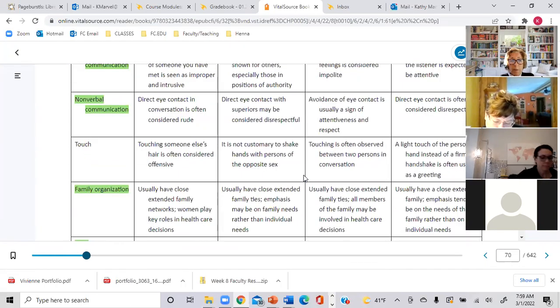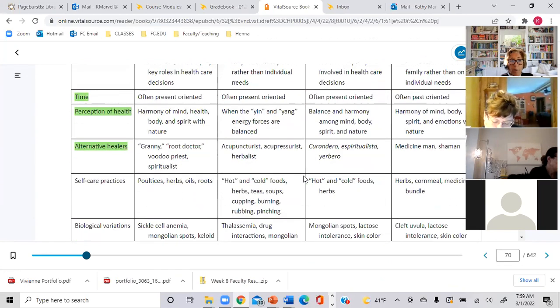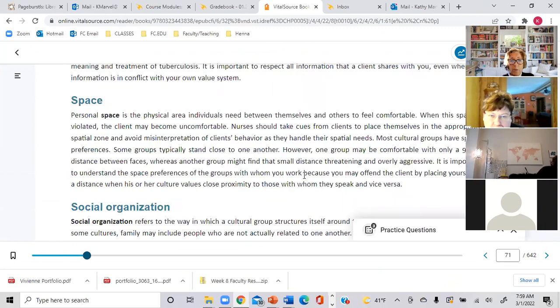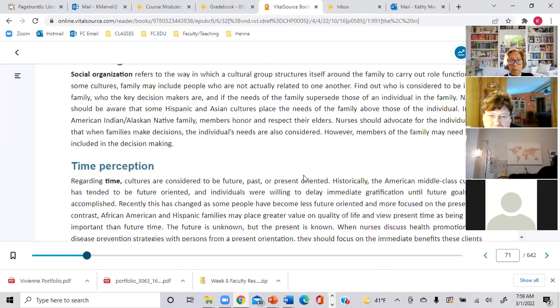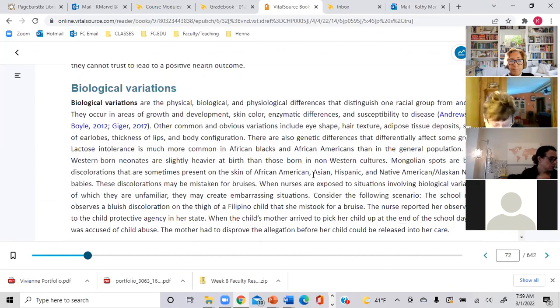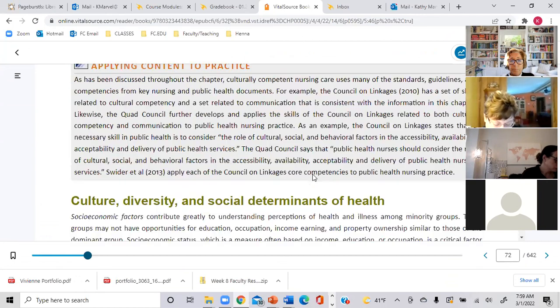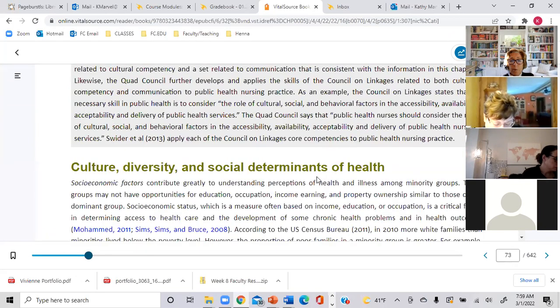The rest, underneath table 5.1, goes through each of the sections: communication, space, social organization, what each of them are. Culture, diversity, and social determinants of health.